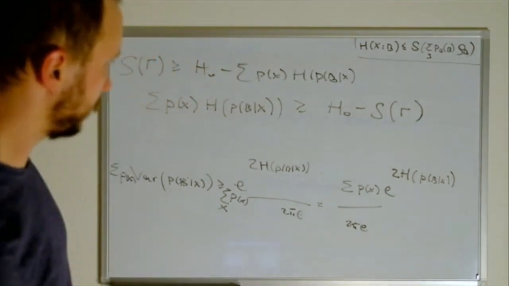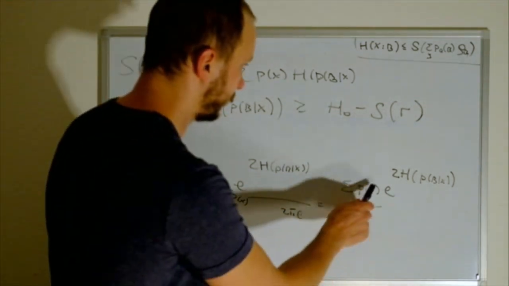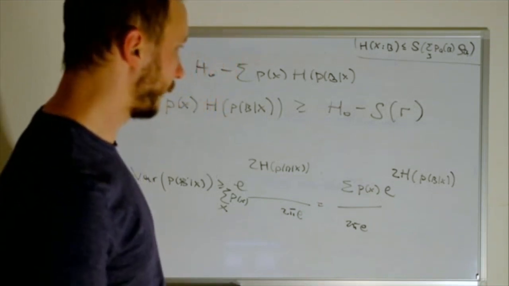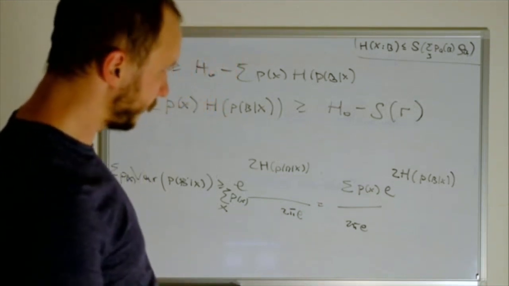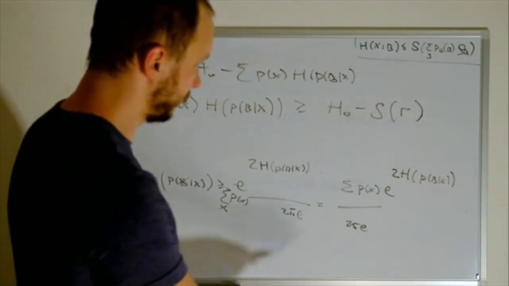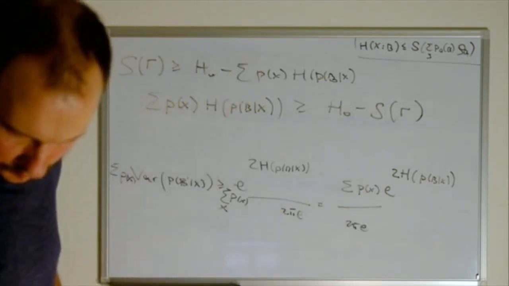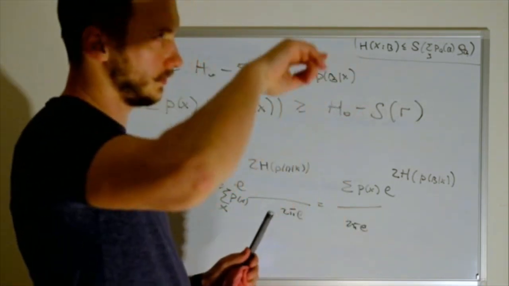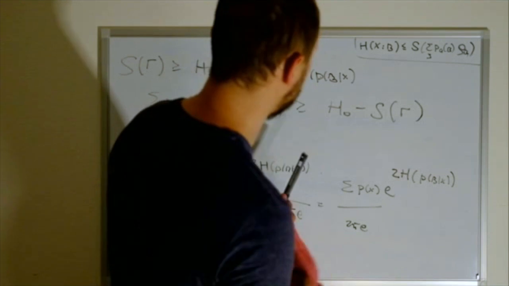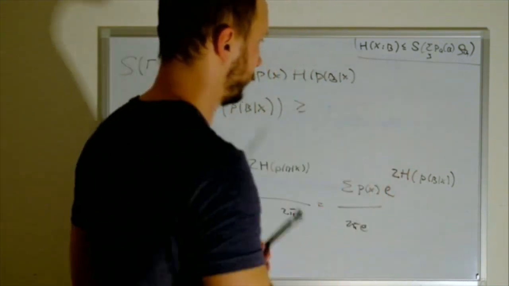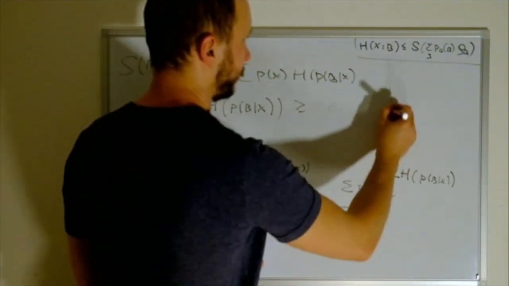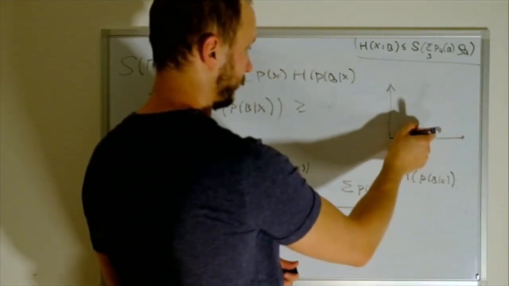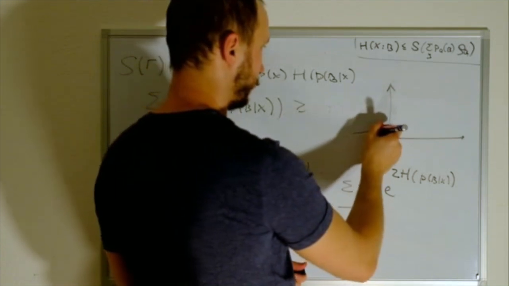And we want to show that this probability can be put up there. And how can we show it? Well, we can show it by the fact that if you plot the function, the exponential is a convex function. So look at this thing here. The exponential is like this.